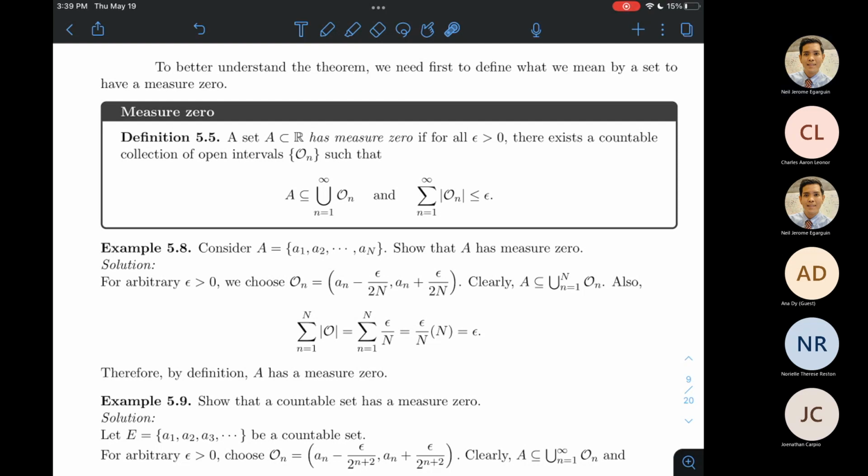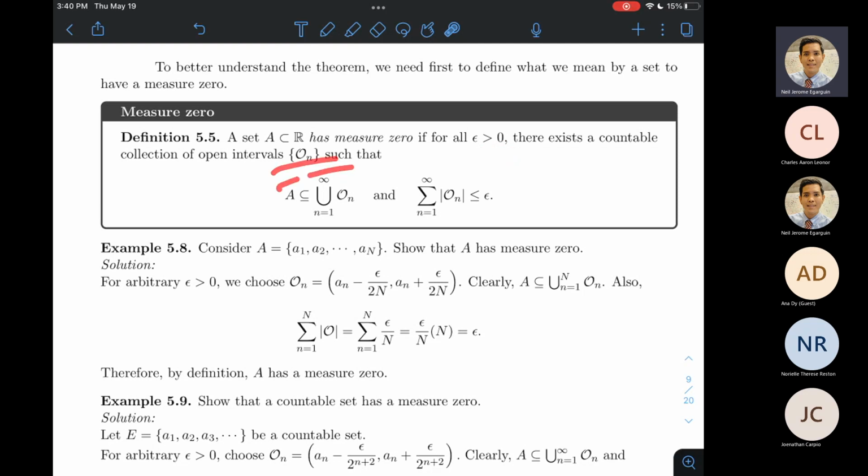Okay? Pero ang challenge para maging measure zero siya ay dapat pagbibigyan kita ng budget na total lengths ng mga open intervals na gagamitin mo, you should be able to do it however small that budget is. So maliit yung budget mo sa total length ng subintervals. Epsilon greater than zero.